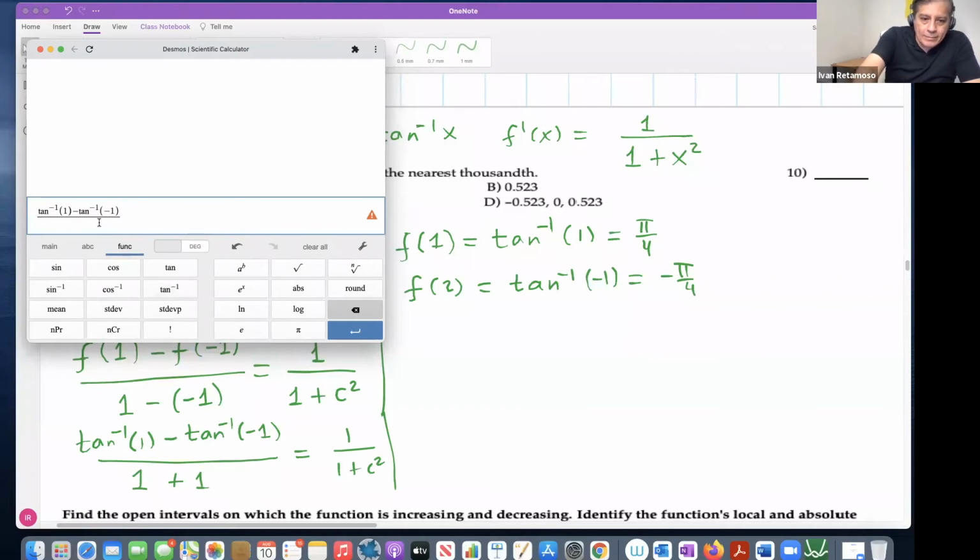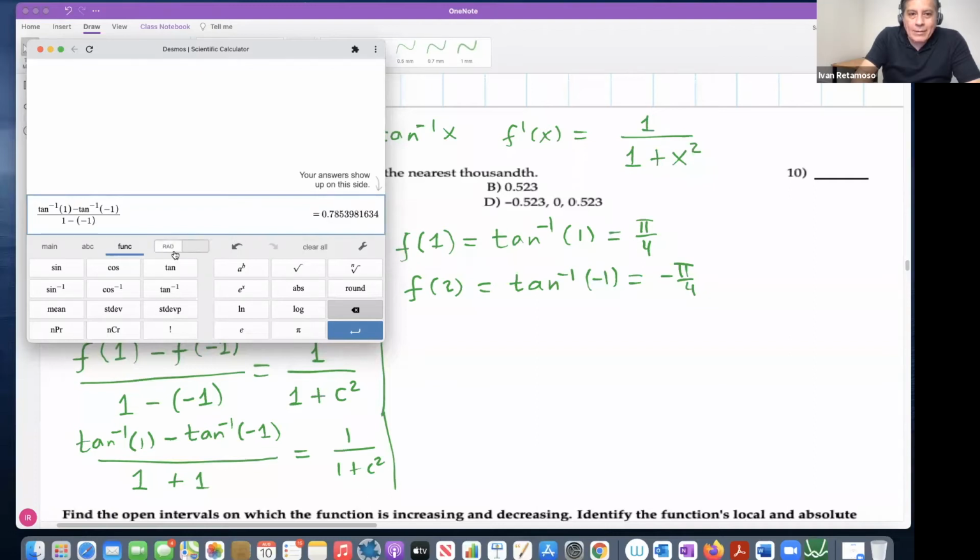On the bottom, 1 minus minus 1, or 1 plus 1, same idea. But remember, you have to compute this in radians because these are supposed to come out in radians. So this should be the result of this whole thing. All right, great. 0.785, write it down.